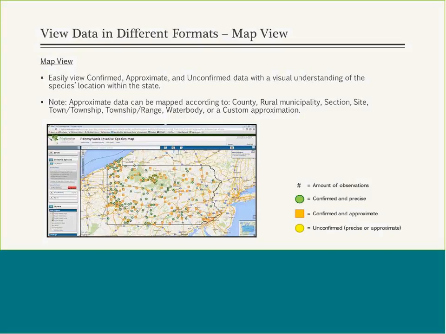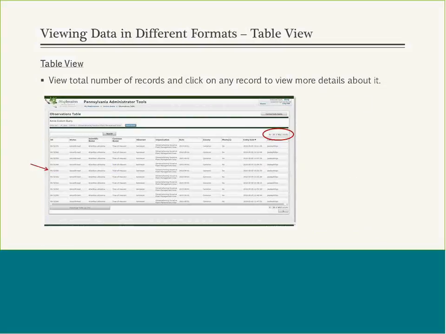So just understand that, especially with approximate data, you really want to get a better feel for where that's actually being mapped to. So if it's mapped to a county, it's really important to know. And so the way you would figure that out is you would open up that record and look in the details of that record to see where it's been mapped to. Keep that in mind.